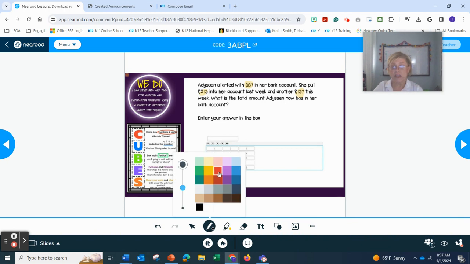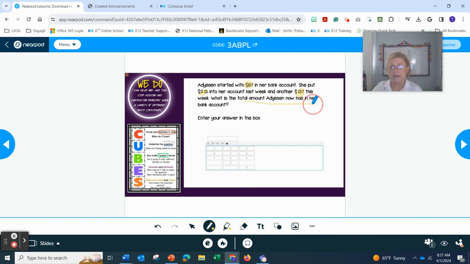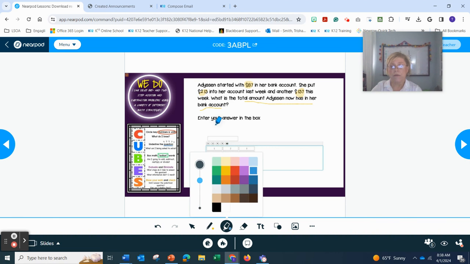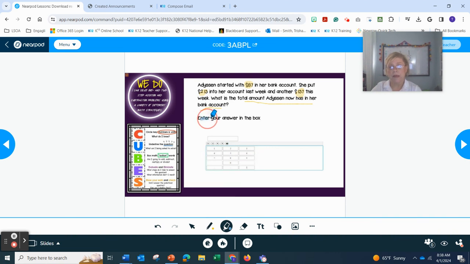What is this question asking us to do? We need to find that total amount Addison now has in her bank account. And then how are we going to enter our answer? We are going to enter it in the box.